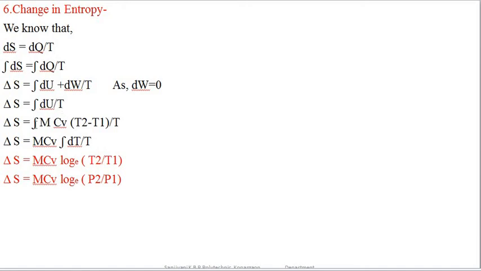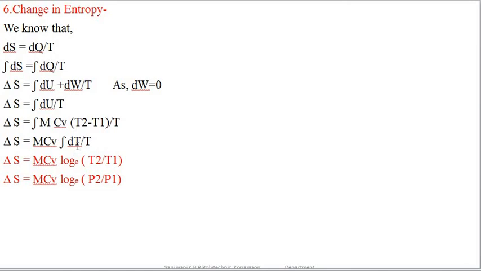Therefore this formula becomes the integration of mCv dT divided by T, since the change in internal energy is mCv dT. Now mass into Cv, that is mCv, is a constant term, so we are taking those terms outside the integral sign.